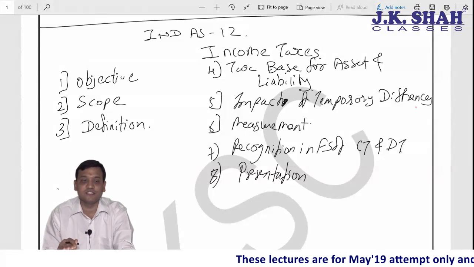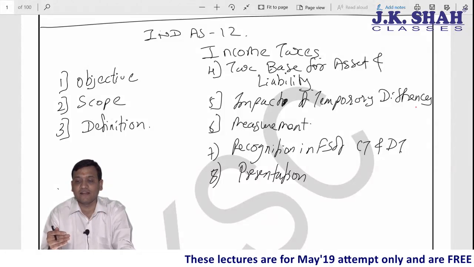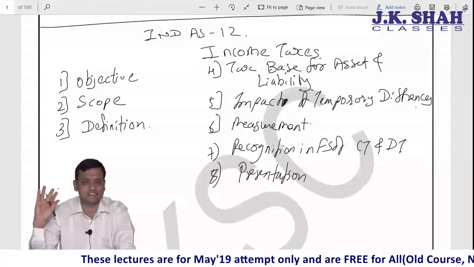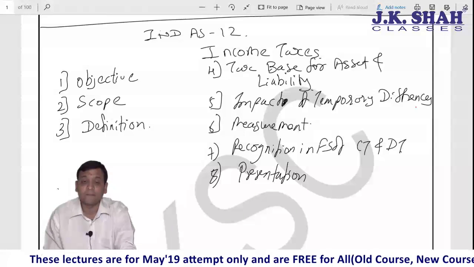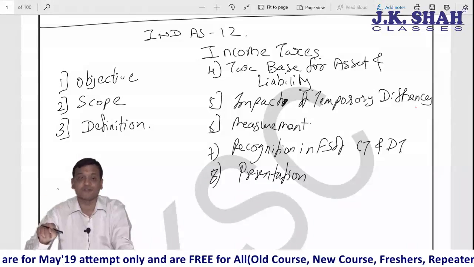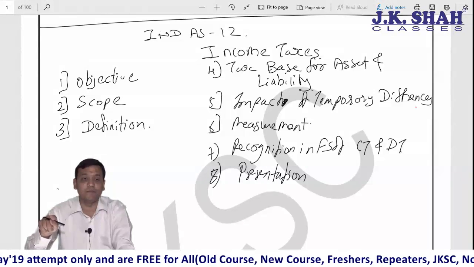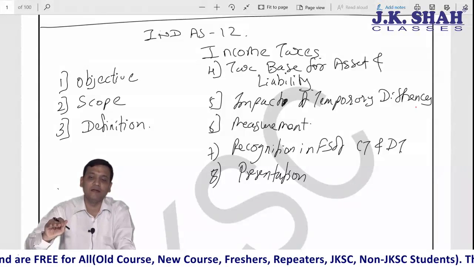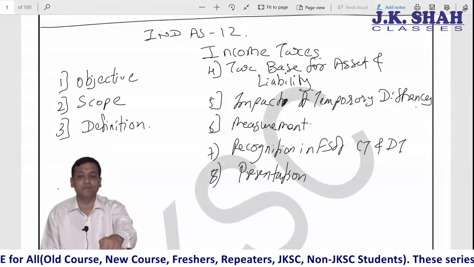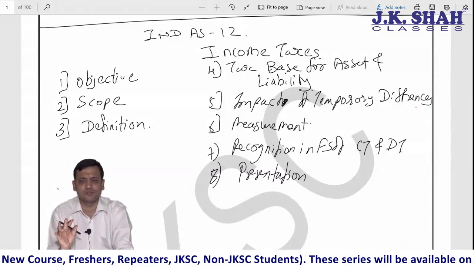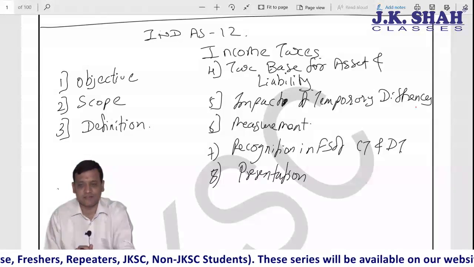As a result of this difference, there may be differences in future. Those differences are referred to as temporary differences. We'll write it all down. Because of these differences, in future I may end up paying more tax, or I may end up paying less tax, or I may end up paying more tax today, and so on. This basically gives rise to deferred tax asset and deferred tax liability.